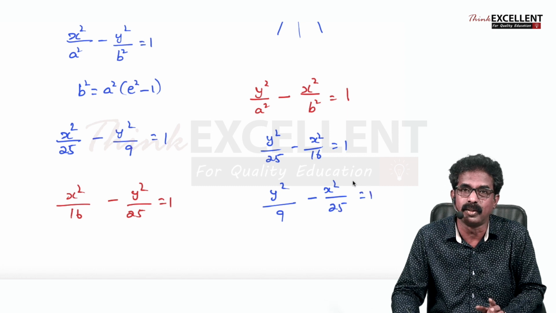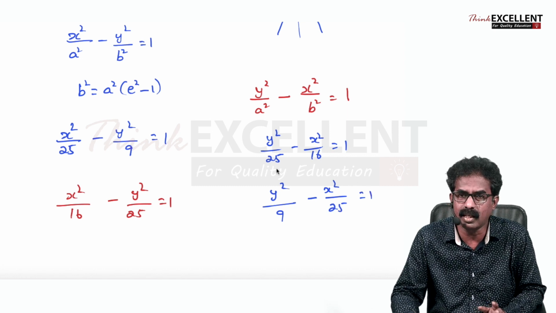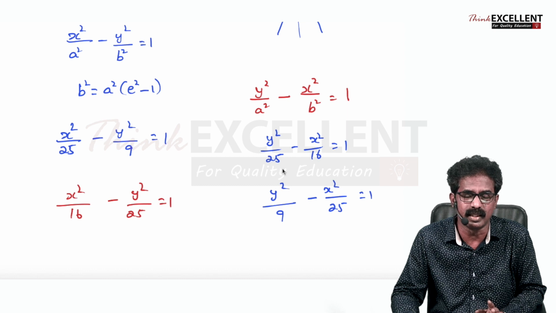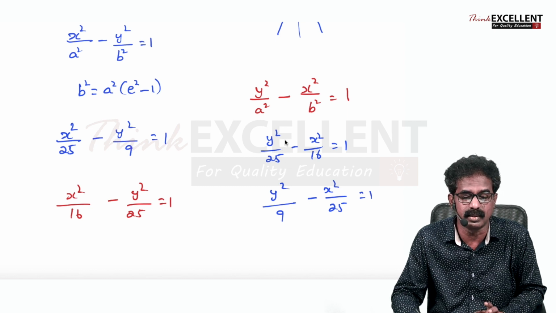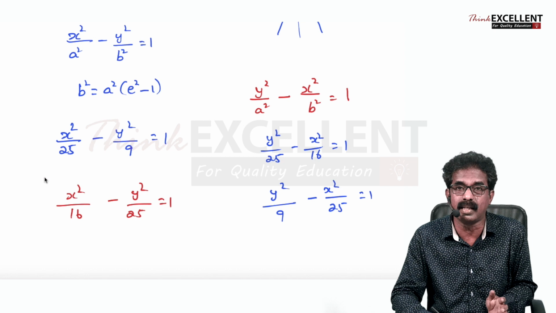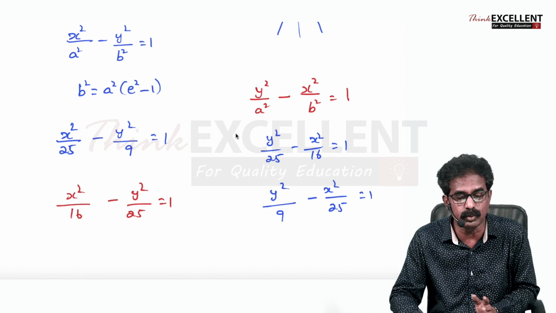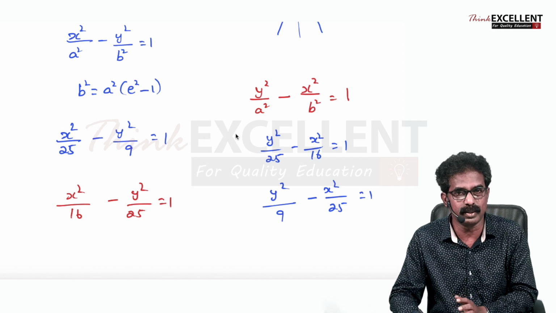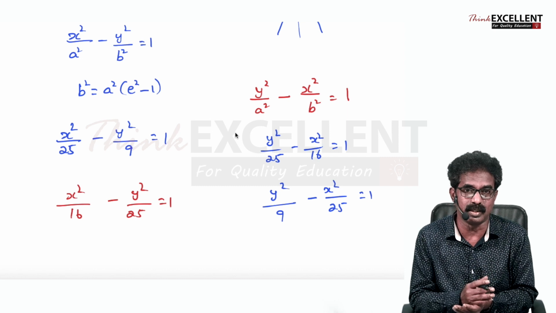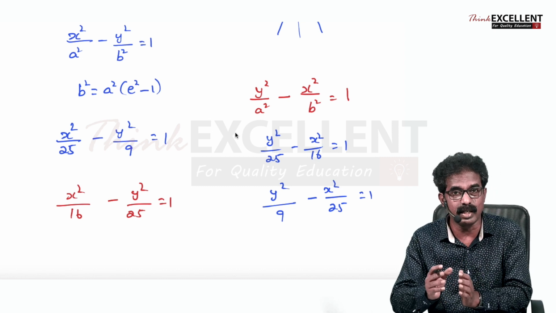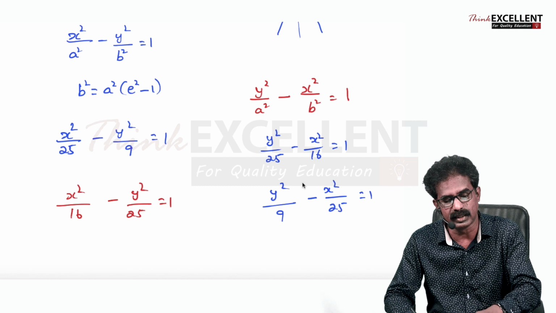Both are of the second type only. So smaller, greater or greater, smaller, that we are not checking here. You see how it starts. If it starts with x square by, first type. If it starts with y square by, second type. In between is minus, and you cannot reverse the order. Right side value must be 1. So this is the second type.